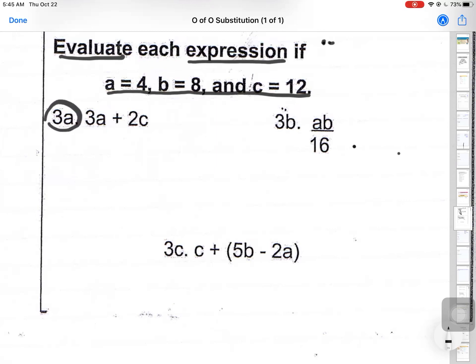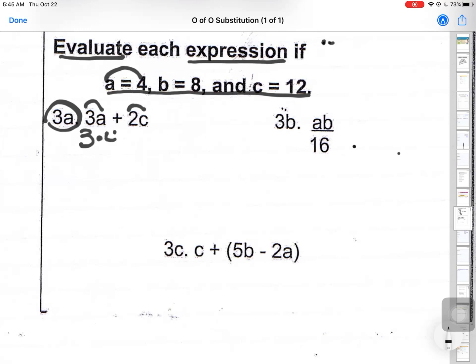Okay, so 3A. Oh, and here's a 3A: 3 times A plus 2 times C. Copy down the problem. And now we're going to substitute the A for 4.